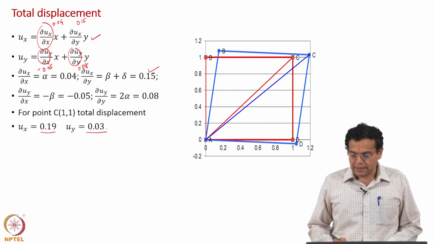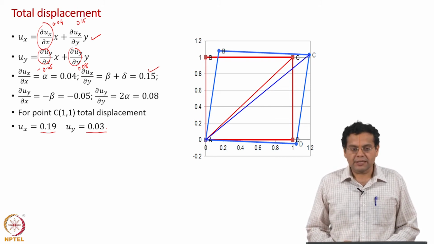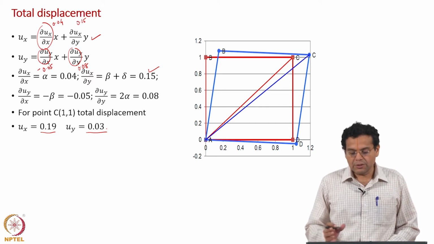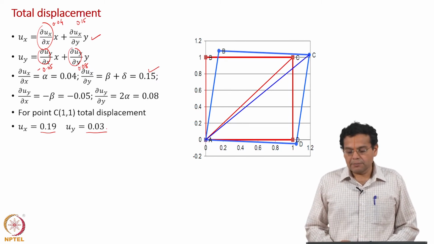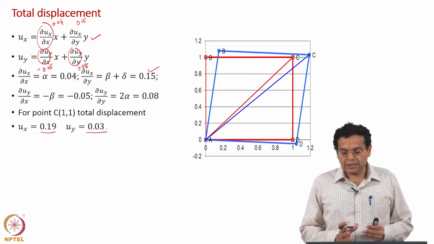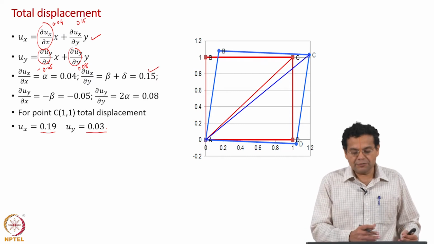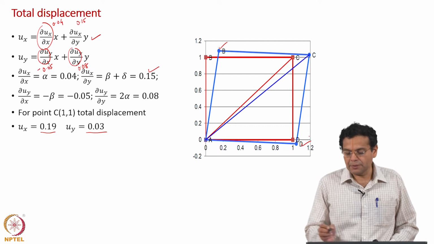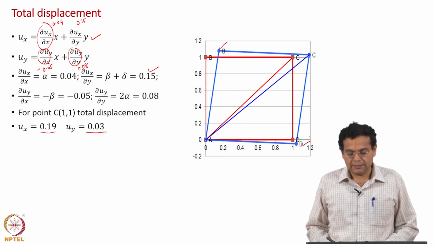As usual, the red boundary shows the initial configuration, initial state, and the coordinates are 0 comma 0 etc., and the blue boundary shows the final state. Remember, the final state shows the displacement of all the points. We have calculated for C alone. If you repeat for all other points, you can get the coordinates of B, coordinates of D, then you will be able to draw the boundary of the plate A, B, C, D in the final state.